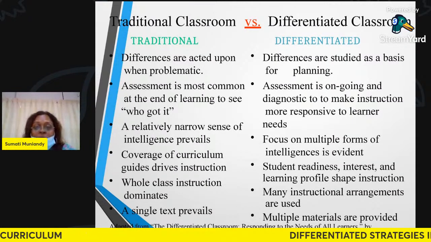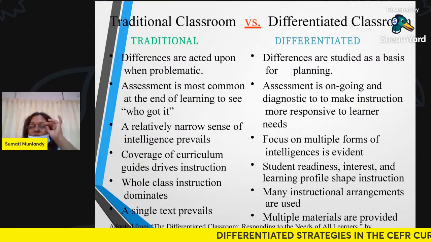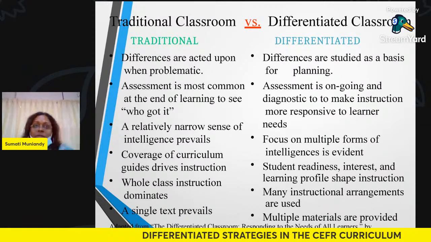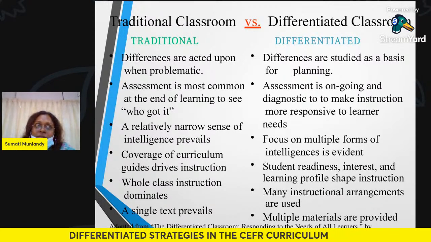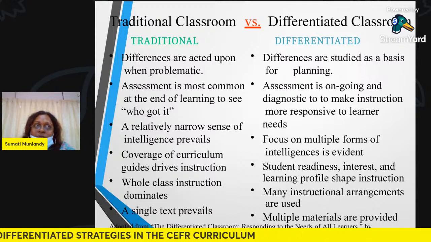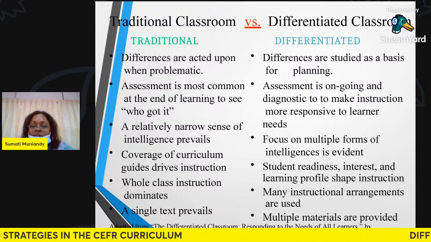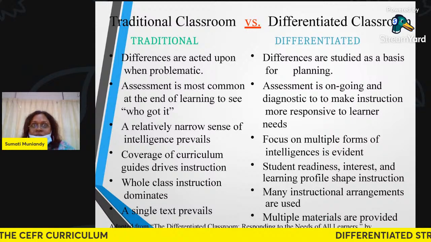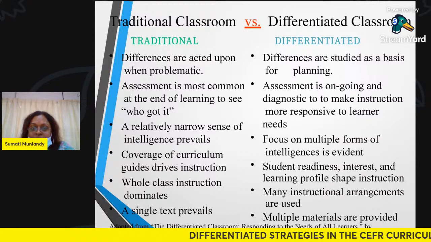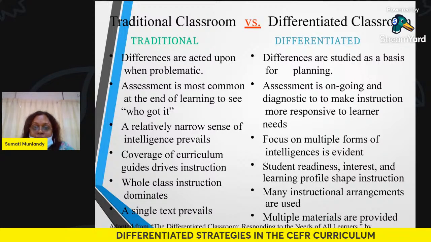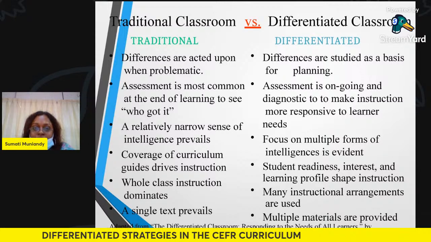Okay, you cannot expect all the students to achieve the same outcome. Sometimes the low achievers may only make two sentences, but the high achievers make five sentences according to the topic that you teach. So the expectations you have to modify.